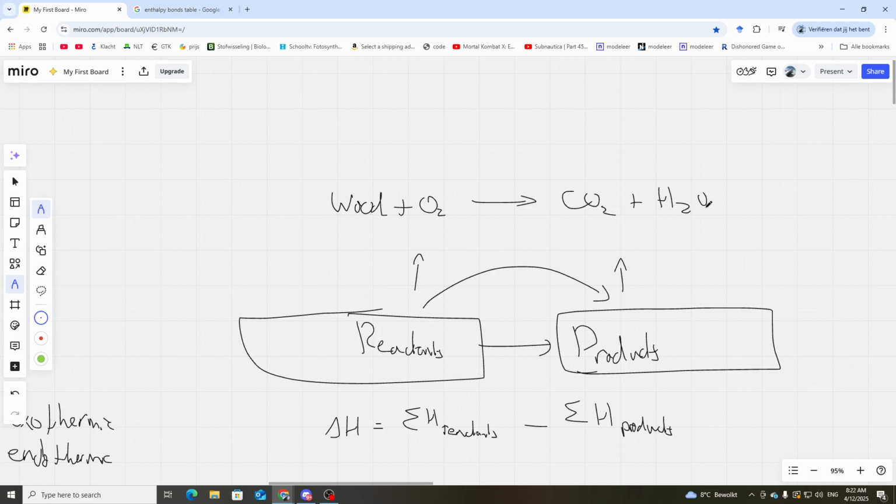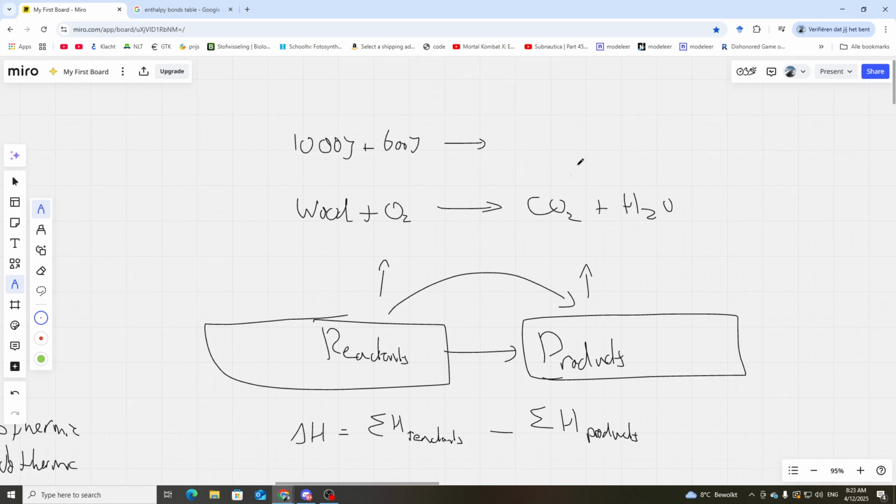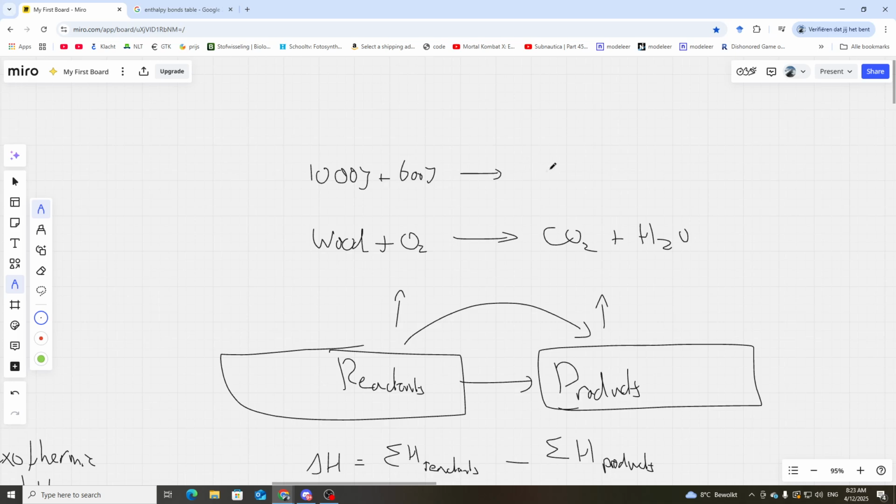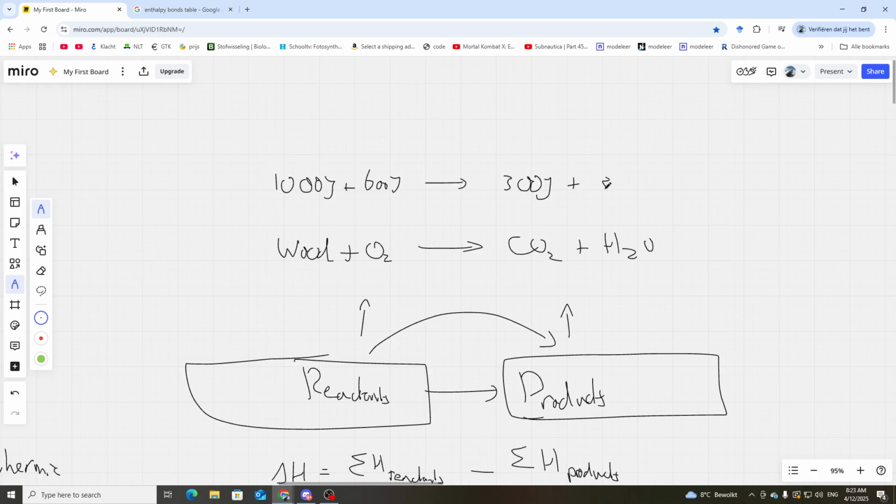Let's imagine, okay? And now just quickly, out of my head, which is completely wrong, I'm just going to say this wood has 1,000 joules of energy. My oxygen has 600 joules of energy. And then we go to my products, and I can say my CO2 has 300 joules, and my H2O also has 300 joules. Let's just say for the ease of it.